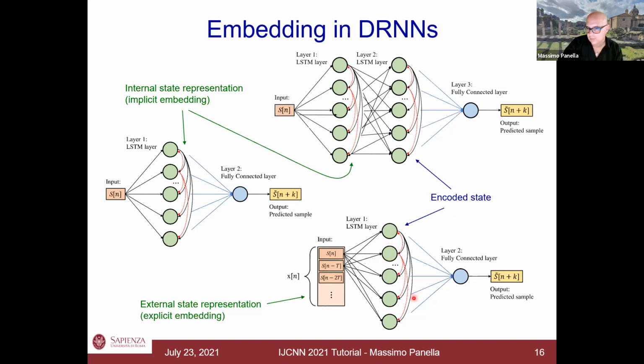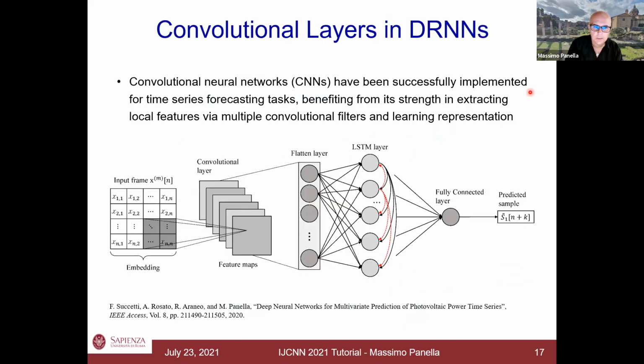And then at the output of this layer, we will have an encoded state, okay? And of course, the larger the number of recurrent layers, the larger the transformation of the encoding of the states, likely reducing progressively the number of hidden cells, so the dimension of the internal state representation.